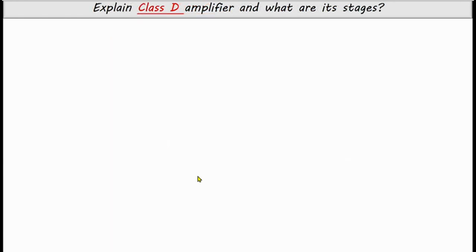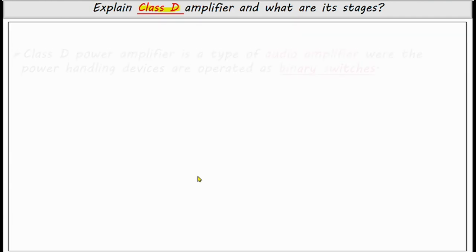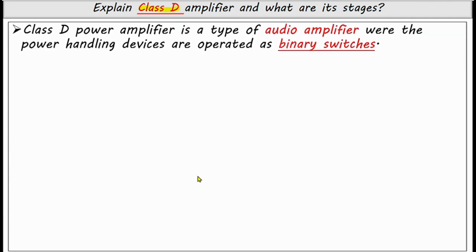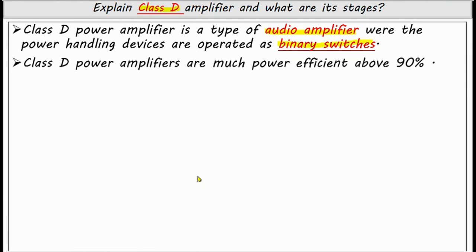Now the next question is on class D amplifier, and it is very important from the ISRO point of view. Explain class D amplifier and what are its stages. First, a class D amplifier can be used as an audio amplifier, where the power handling devices are operated as binary switches, and its efficiency is more than 90%.